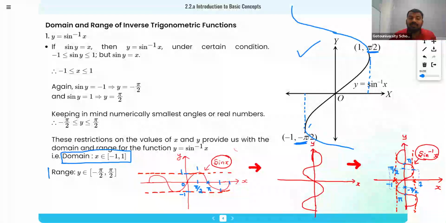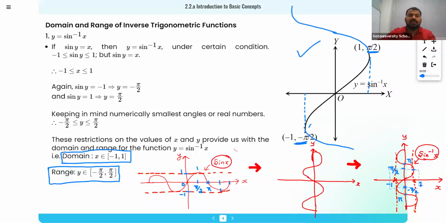So for range, you have to always take the principal value, principal range. So it is going to be minus pi by 2 to positive pi by 2. So what you're going to do here, you have -1, find out what is the value of sine of -1, minus pi by 2. You have 1, what is the value of sine 1? You will get it as pi by 2 there. I hope it is clear.